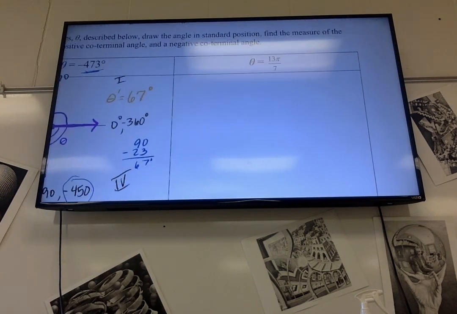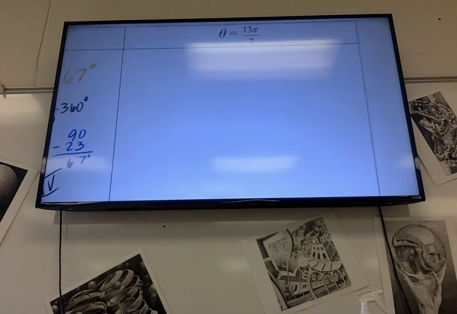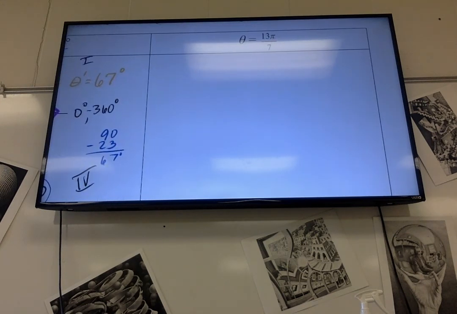So the next one is in radians. Let's draw it out. The first step is to draw the picture. So it's put in standard form. If we're putting it in standard form, it starts at 0 radians. And this one's positive, so it's going to go counterclockwise.